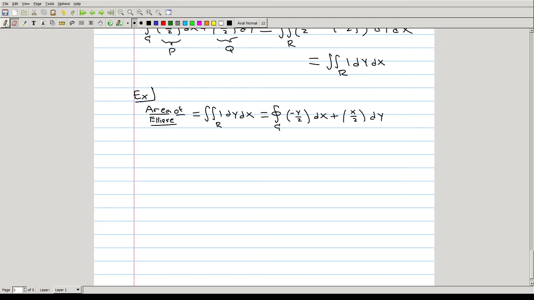All we have to do is figure out how to evaluate the line integral, and this is, again, as we've been doing, reliant on the parameterization of the ellipse. So we can parameterize the ellipse. Remember, the ellipse is the equation (x over a) squared plus (y over b) squared is equal to 1.